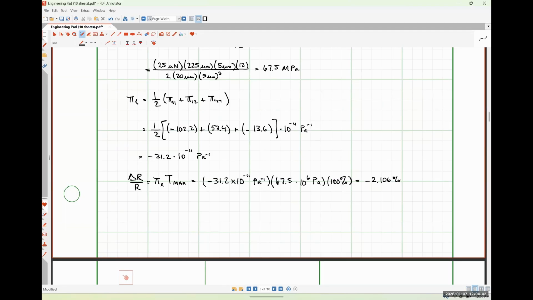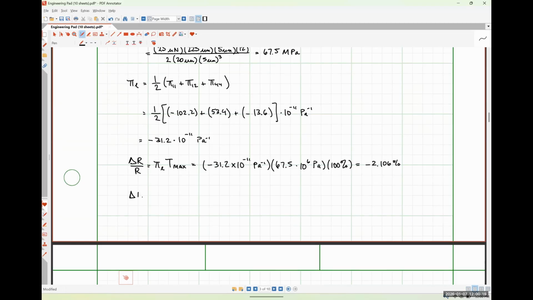If we wanted to calculate the absolute change in resistance, we simply multiply this fractional change in resistance by the nominal resistance of the piezoresistor, right? Which should be fairly easy to do because we have the electrical resistivity and its dimensions, okay?